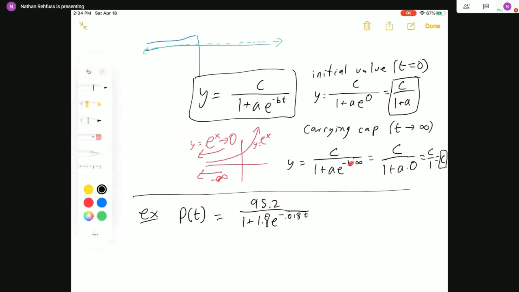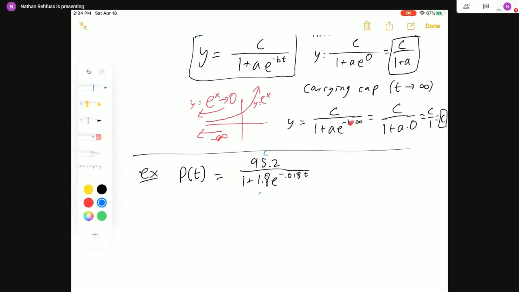So 95.2 is my c, 1.8 is my a, and negative 0.018 is my b.